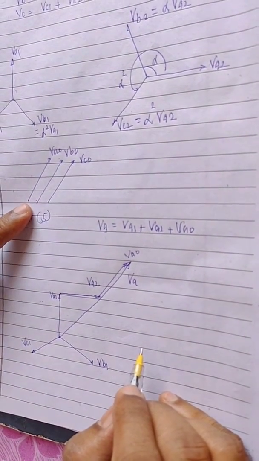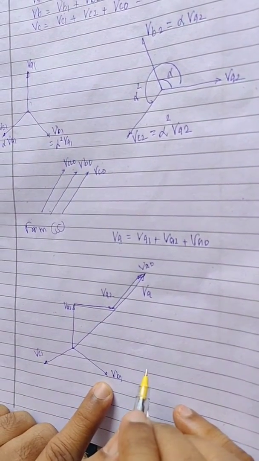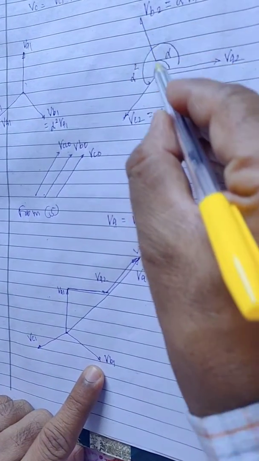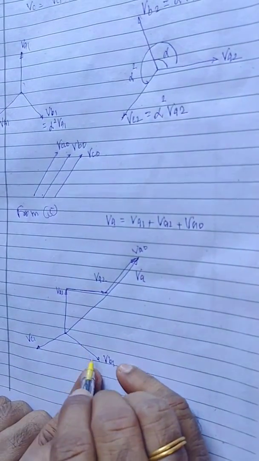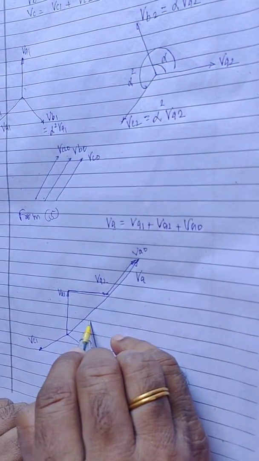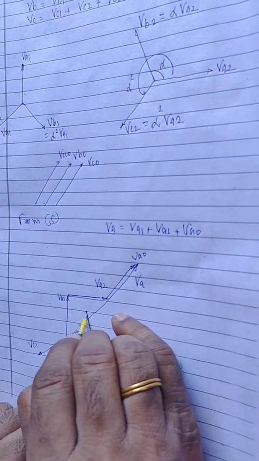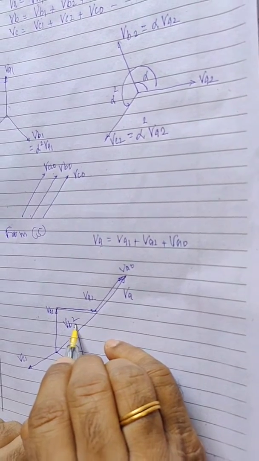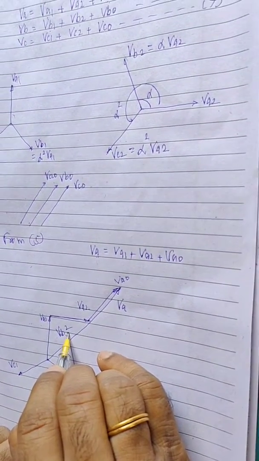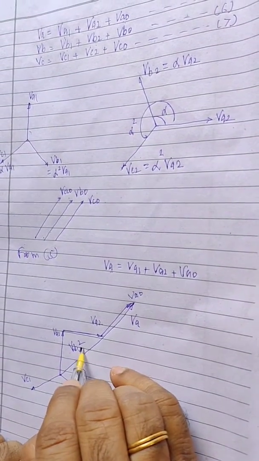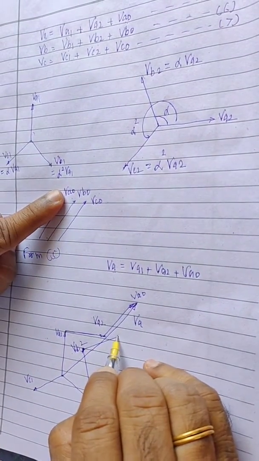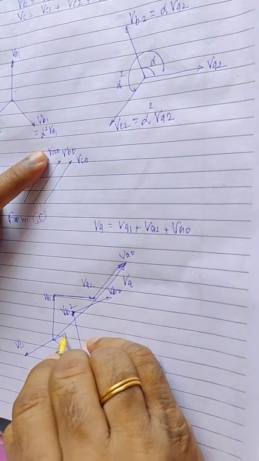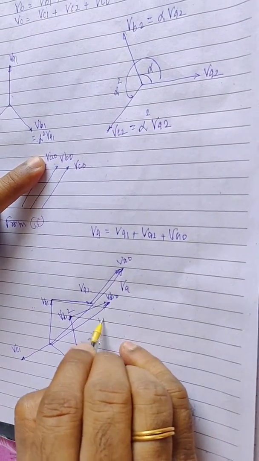Similarly, while finding VB, this is VB1, then VB2 is plotted parallel to this vector, equal to VB2, and VB0 is plotted parallel to this vector. Joined with this is vector VB.